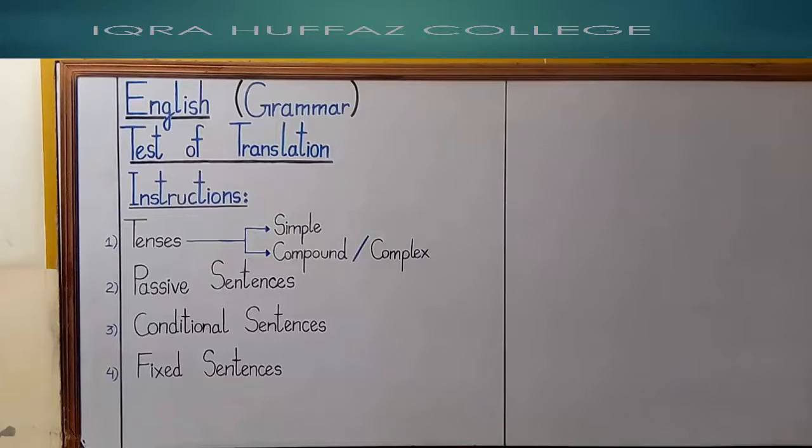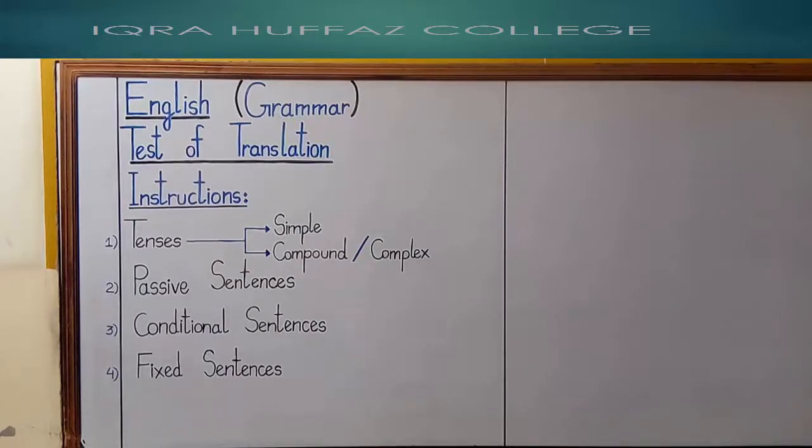I told you that there are some different types of sentences in Urdu which you are asked to translate into English. I have written the same 4 different types of sentences before you. You are asked about sentences from tenses, which may be a simple sentence or a compound or a complex sentence. If you remember, I told you in detail about the simple sentence.